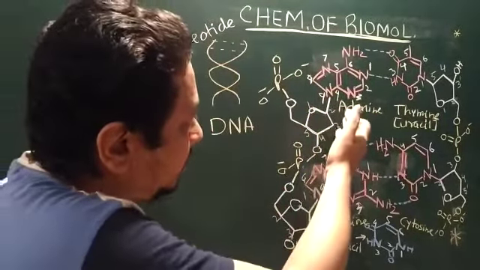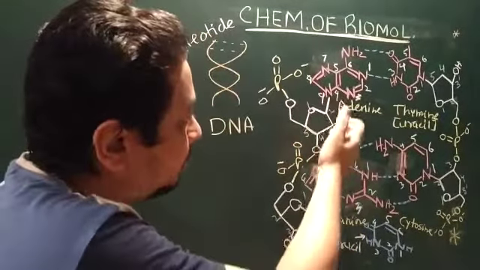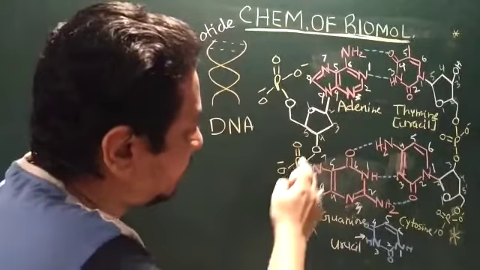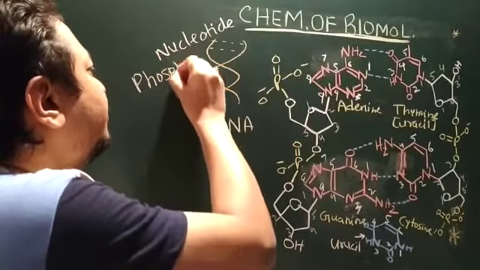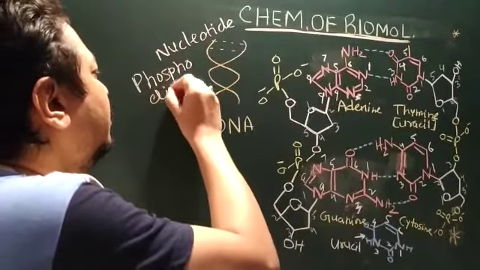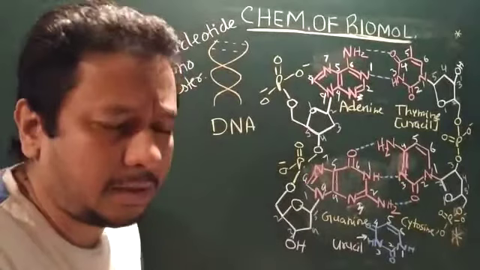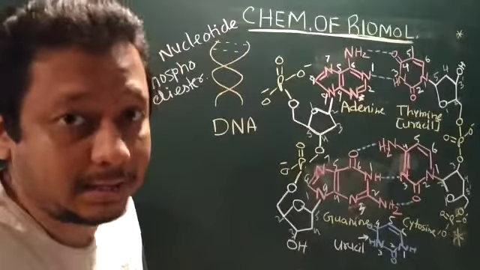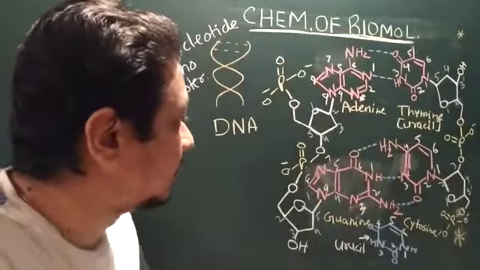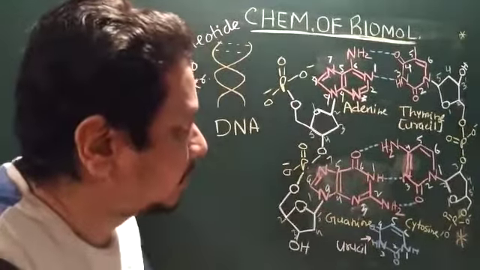The next nucleotide is attached to the first nucleotide with the help of a phosphodiester bond. It's very important. In our coming pharmacology video, we'll have the phosphodiesterase enzyme, which hydrolyzes this particular ester bond, so that we'll be discussing eventually.